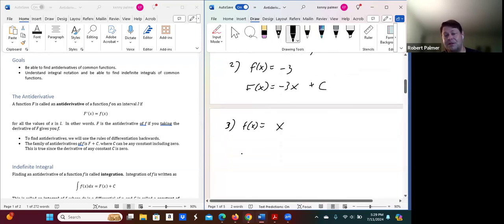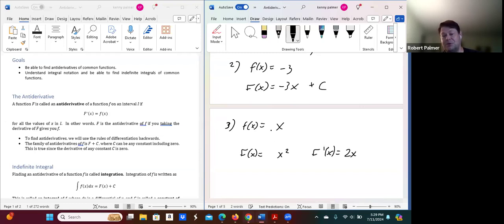So if we think about what this has to be, well, to get an x to the first power, we have to have an x to the second power. But somehow we need to get rid of the 2. If you take the derivative of this, f prime of x is going to be the derivative of x squared, which gives 2x, but there's no 2 here. So we actually have to divide this by 2 to make this work. So the 2 has to go away, and the way to make that happen is that we have a 2 down here, so the 2's will cancel out.